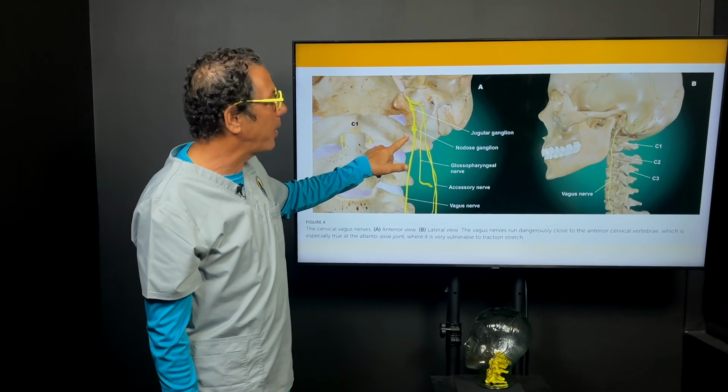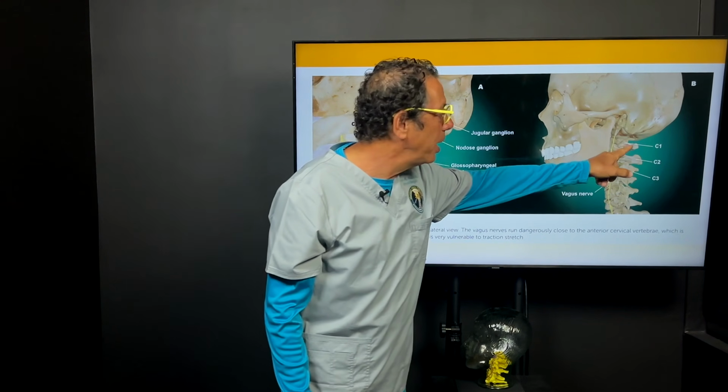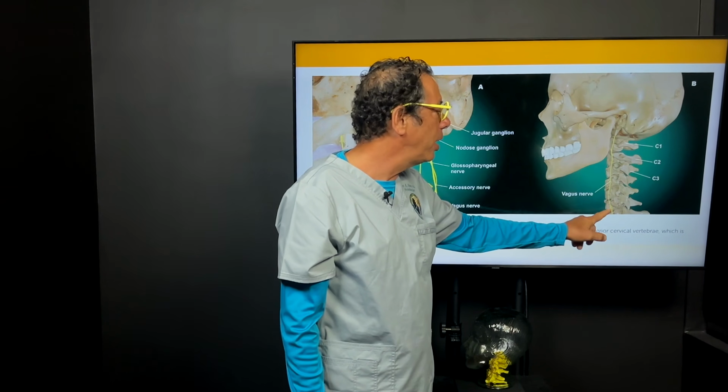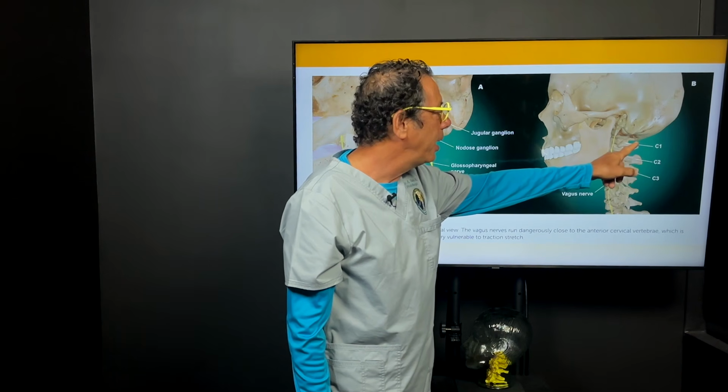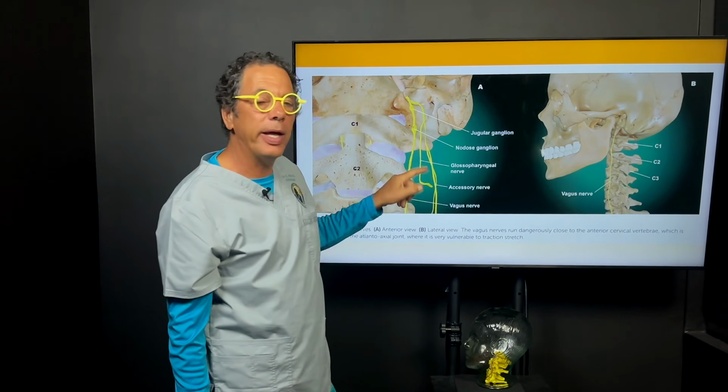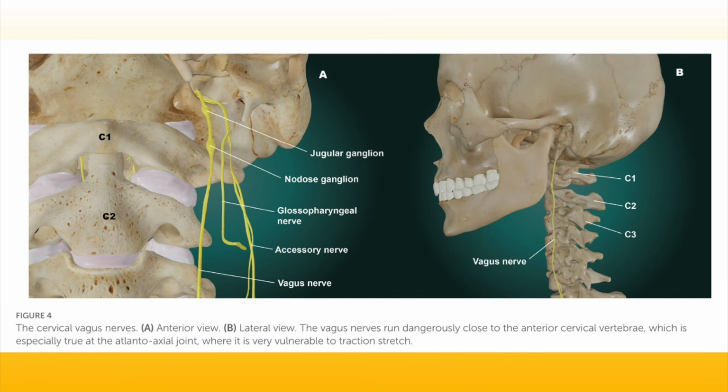It sits right around the atlas, which is C1. So see how the vagus nerve goes right on the anterior border of the vertebrae. And when the atlas goes forward, it smashes on the ganglion, especially the nodose ganglion. That's where a lot of the vagus nerve's DNA is. So once you destroy the DNA of the vagus nerve, that neuron cell dies.